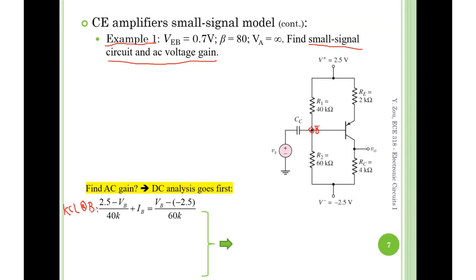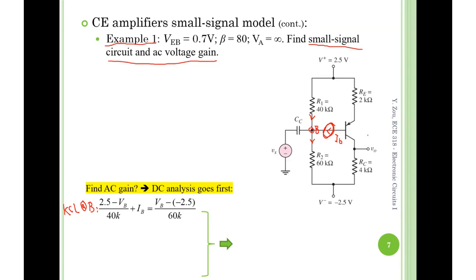So the current is assumed to be like this. This current is what? IB, correct. And what's the direction of IB? Towards left, as I labeled, right? Why is it towards left?